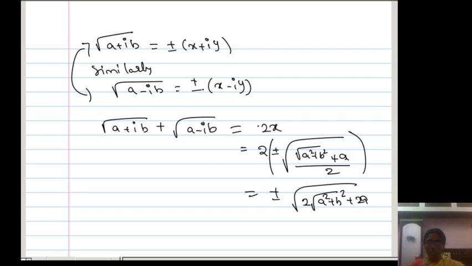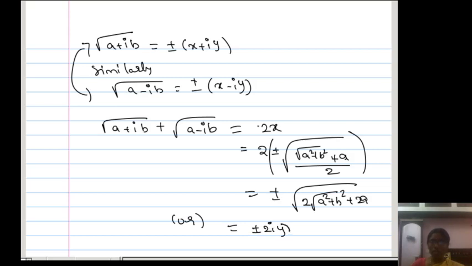Similarly, if I take the opposite sign, you are getting minus x plus iy. If you take minus x minus iy, they cancel and you are left with 2iy. Plus or minus 2iy you will get.